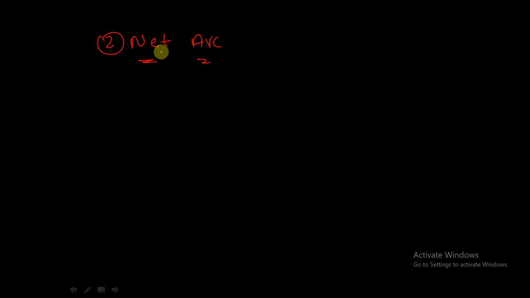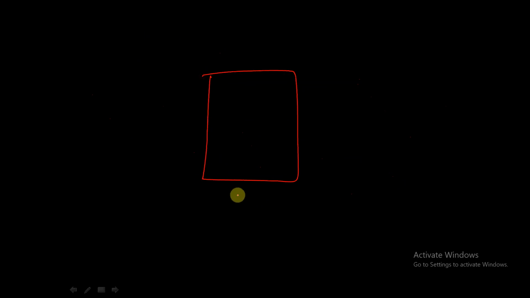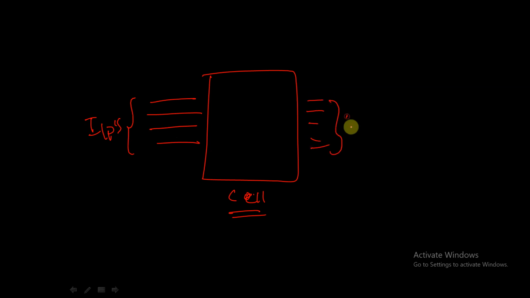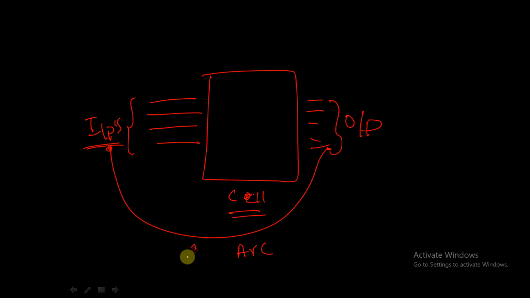Let's say this is our cell. It may be a combinational circuit or it may be a sequential circuit. It is a black box which has some particular number of inputs and outputs like this. The path traveled by the signal from input pin to the output pin is called a timing arc or cell arc.